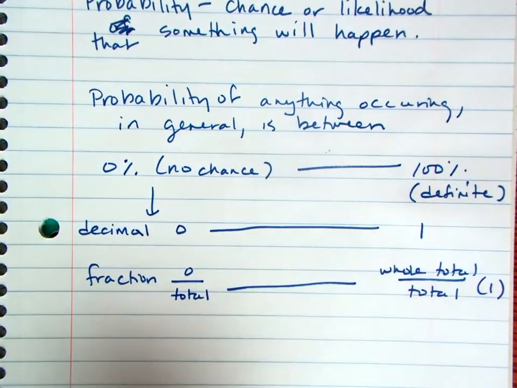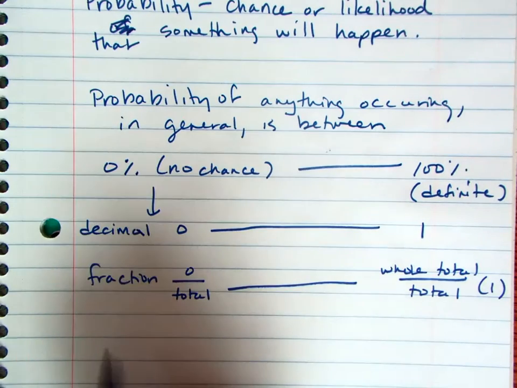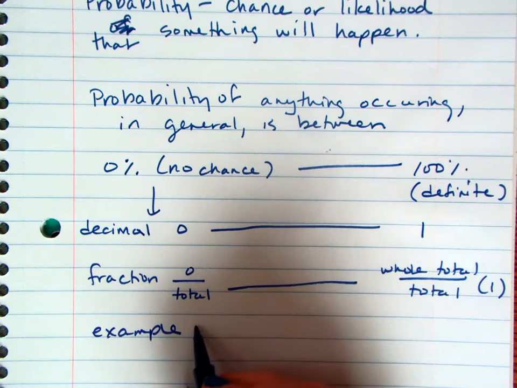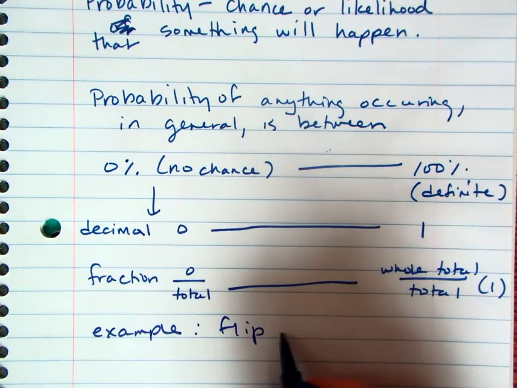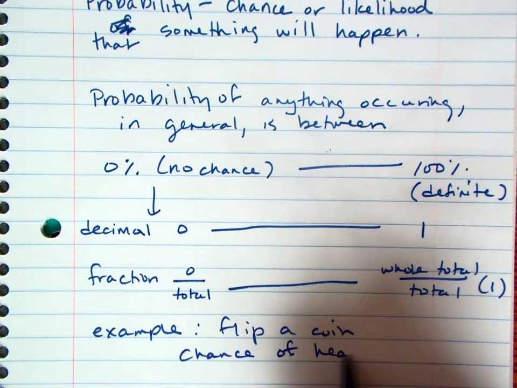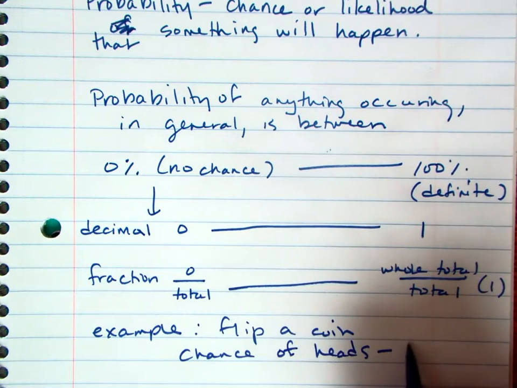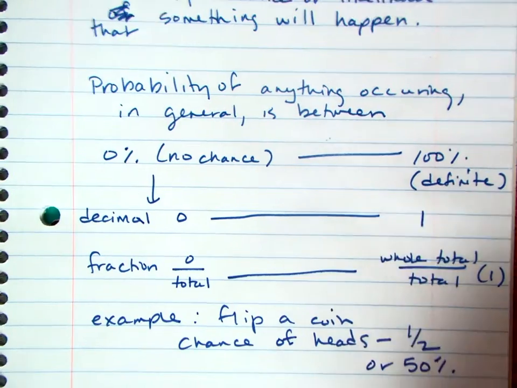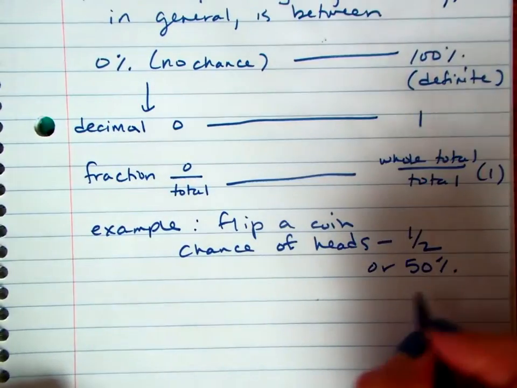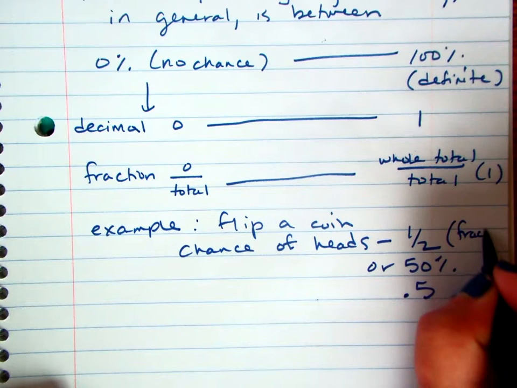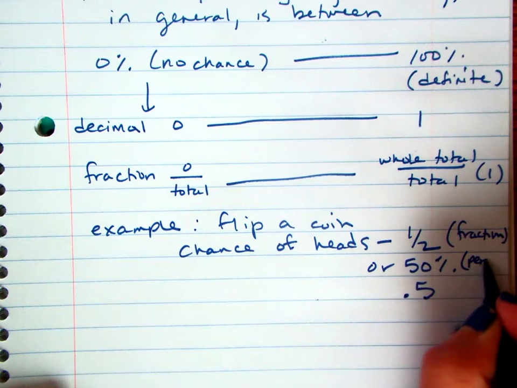For example, if you flip a coin, the chance of heads, as long as it's a fair coin, is 1/2 as a fraction, or 50% as a percent, or 0.5 as a decimal. So probabilities can be represented in those three ways.